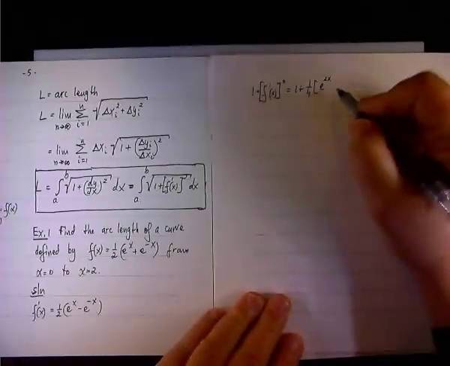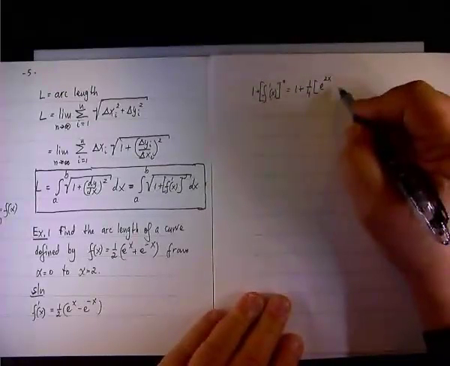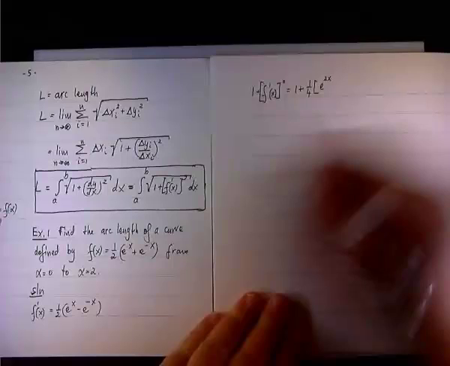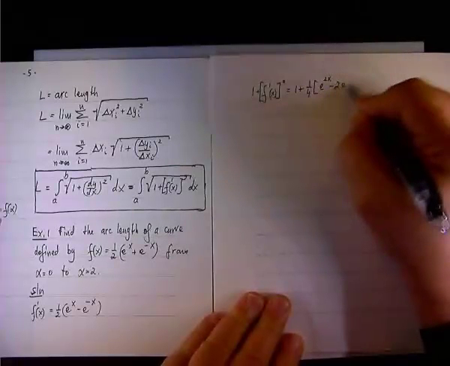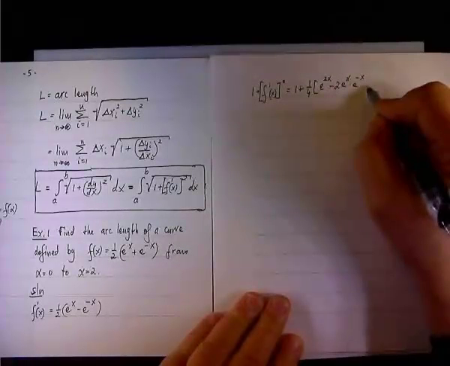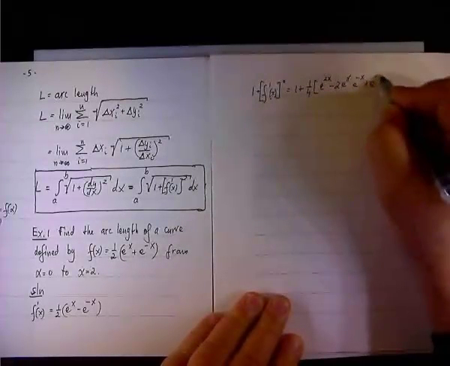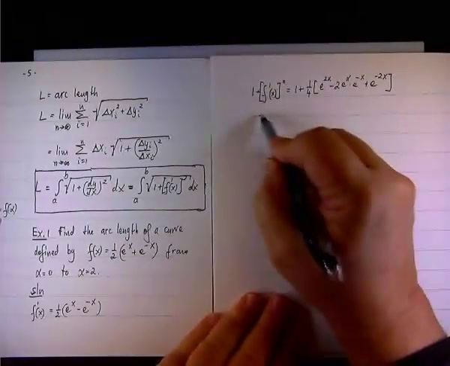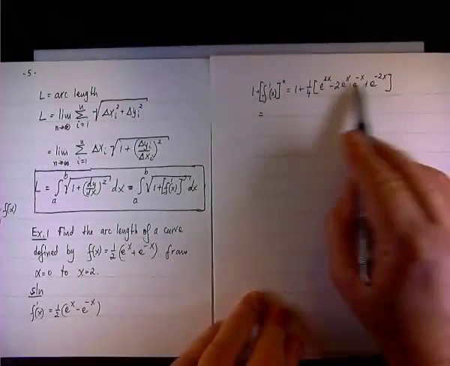So it's a squared, which is the square of e to the x, e to the 2x. And then minus 2ab, minus 2 times e to the x times e to the negative x, and then plus b squared, which is e to the negative 2x, like so.